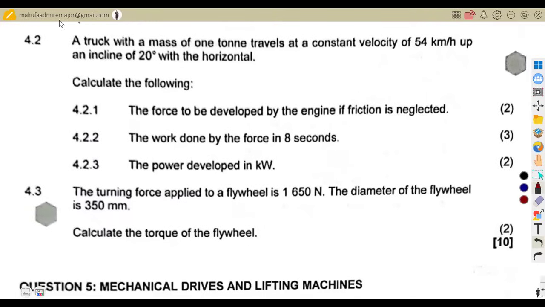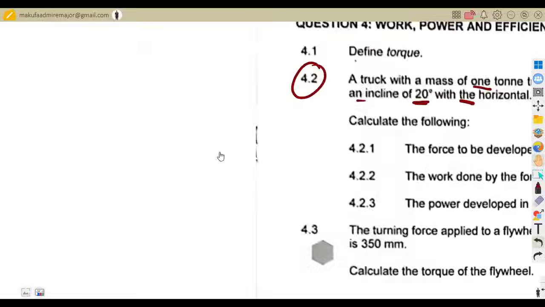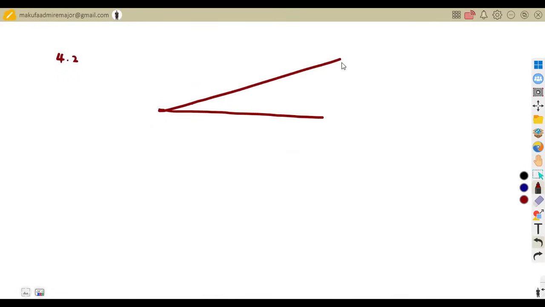So 4.2, you're now given that a truck with a mass of 1 ton travels at a constant velocity of 54 kilometers per hour up an incline of 20 degrees with the horizontal. All right. So we have got something of this nature that is up an incline of 20 degrees.